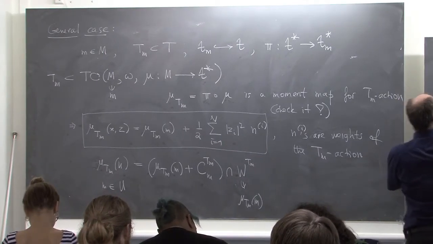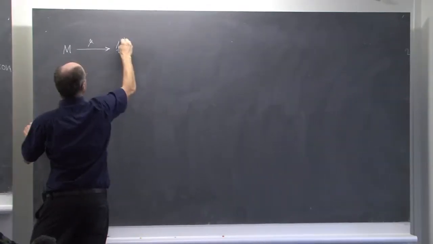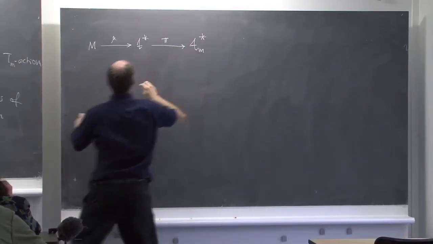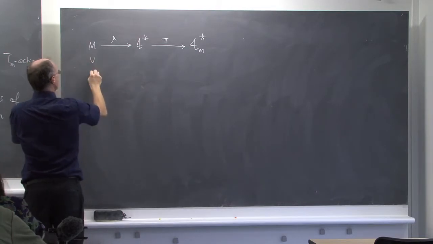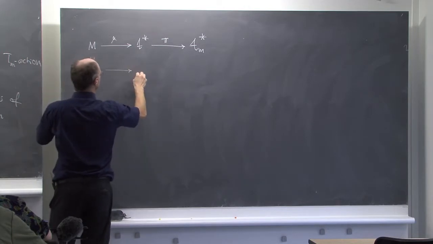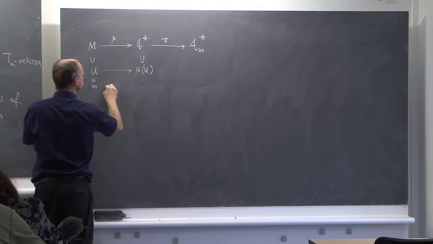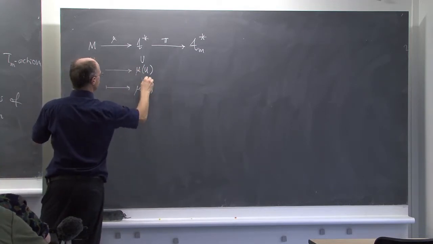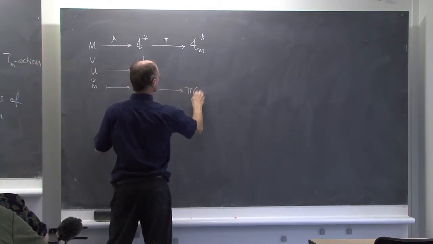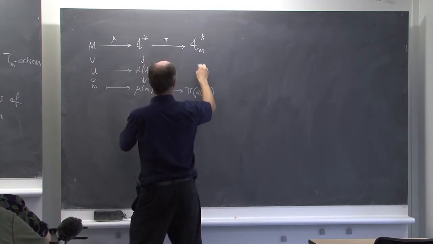So we have M. We have a map mu to T star. Here there is a projection to Tm star. So here inside is sitting U, and inside U is sitting M. We want to know what is mu of U, and this guy we actually know.